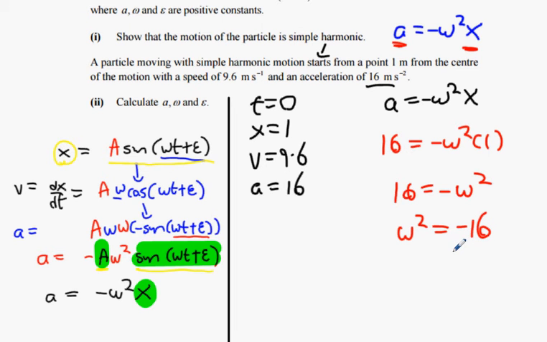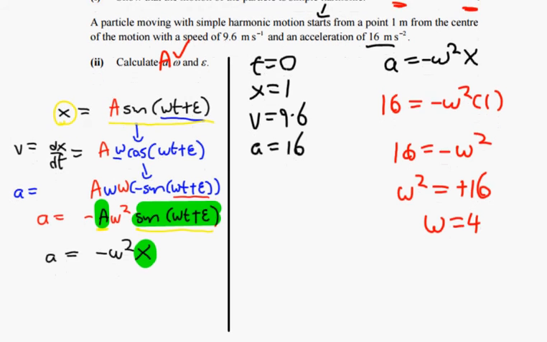The minus doesn't matter. Okay, so omega equals 4. That's one thing off our list. We're looking for A, the amplitude, omega and e. So we've got one of them off the list.